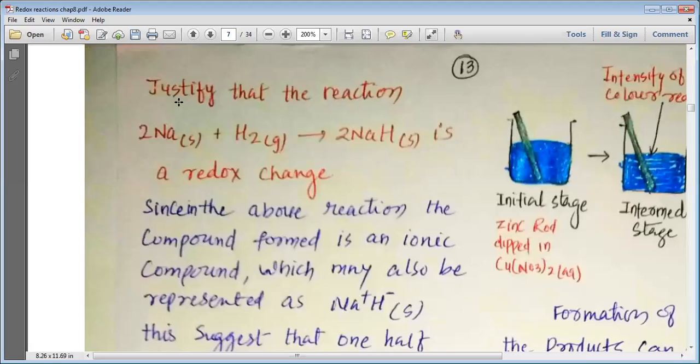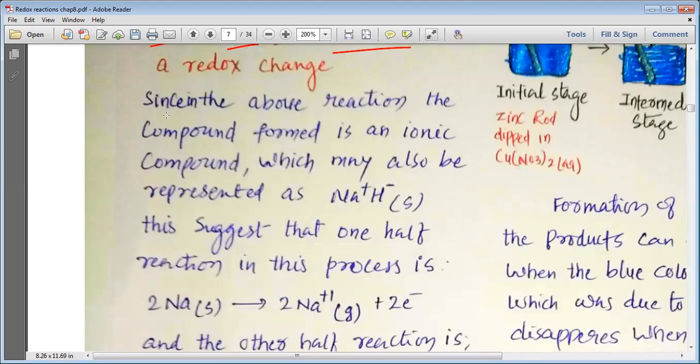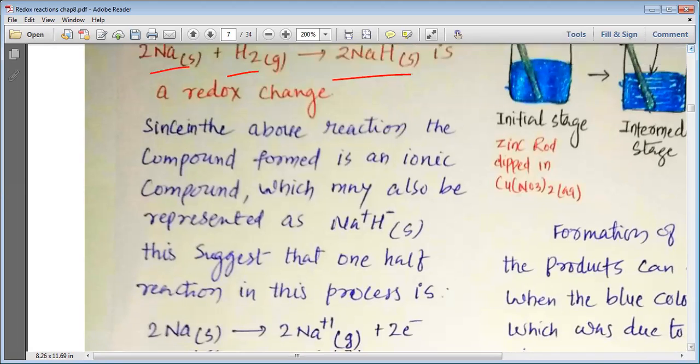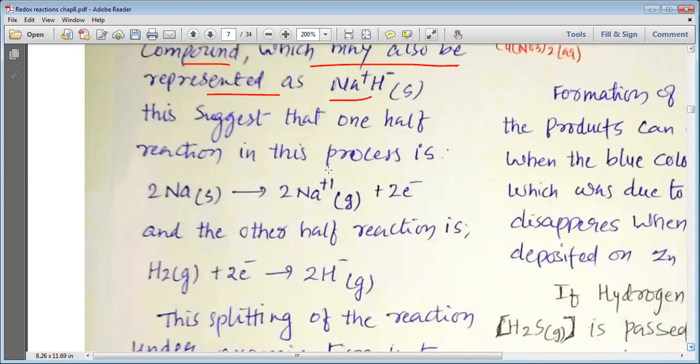We have a question. Justify that the reaction 2Na plus H2 that gives 2NaH is a redox change. The above reaction is between sodium metal and hydrogen, and the compound formed is an ionic compound, which may also be represented as Na+ and H- solid.